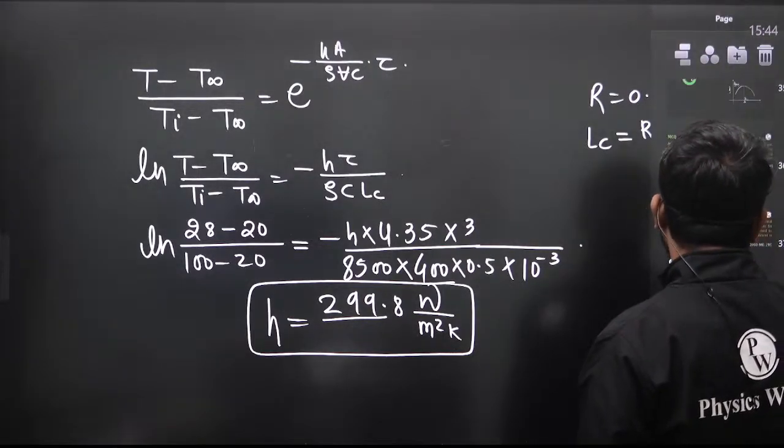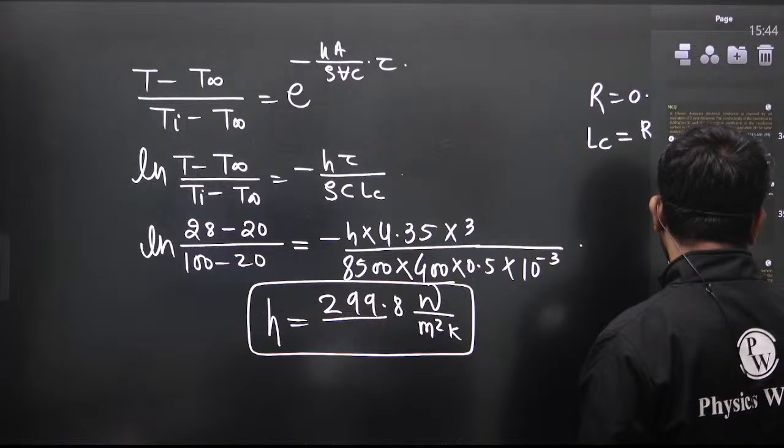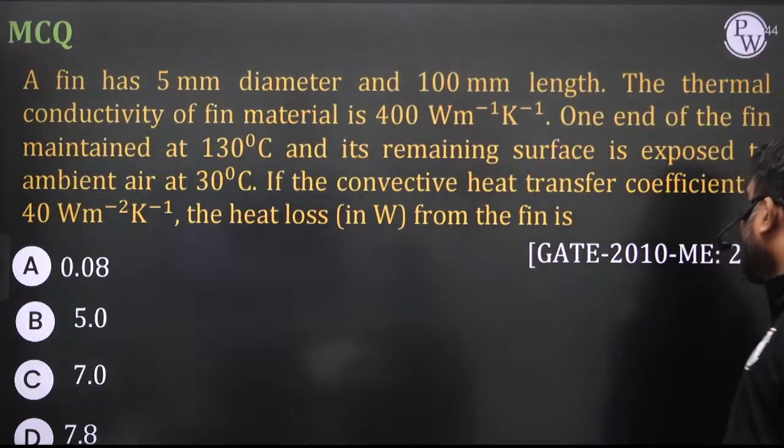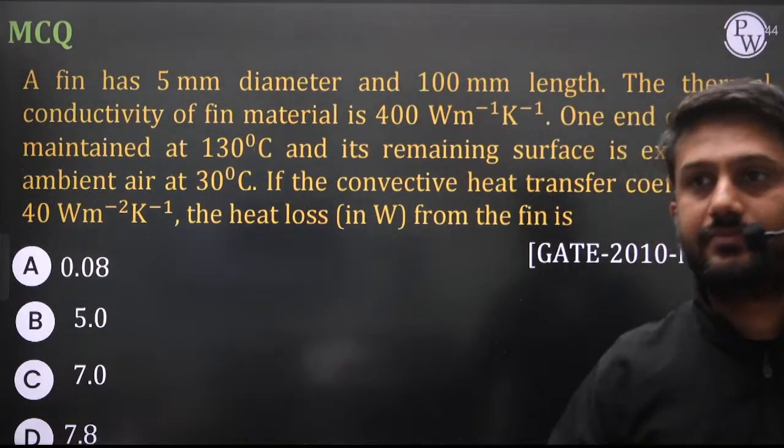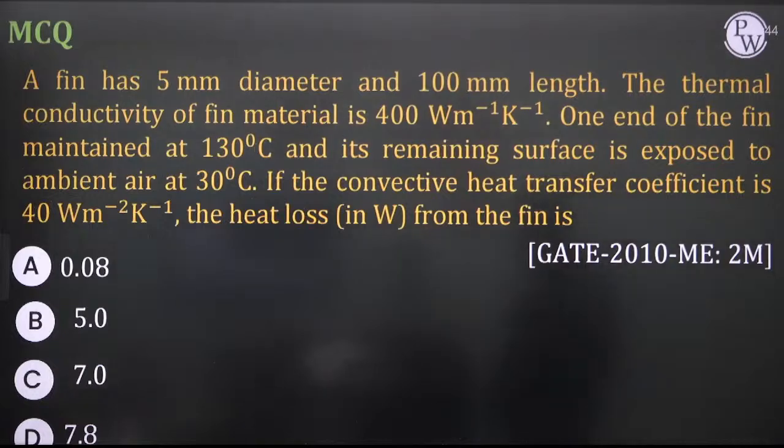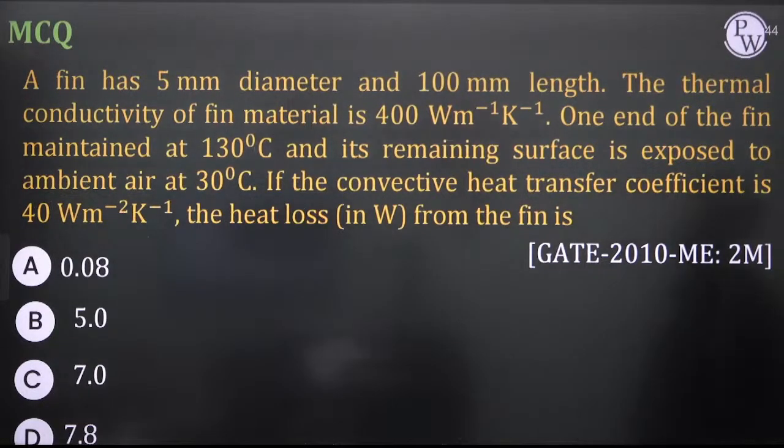Now come to the next question. This is a GATE 2010 problem. Now see this question. This problem is related with the fins. A fin has 5 mm diameter, 100 millimeter length.